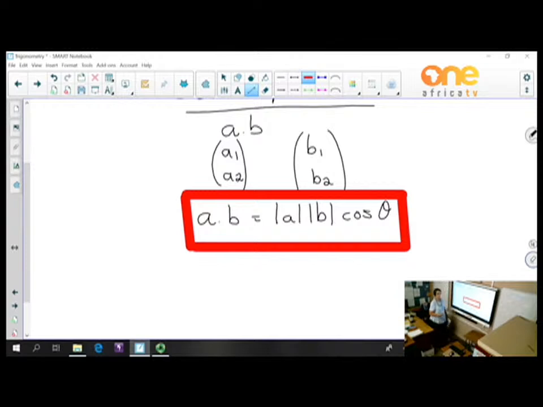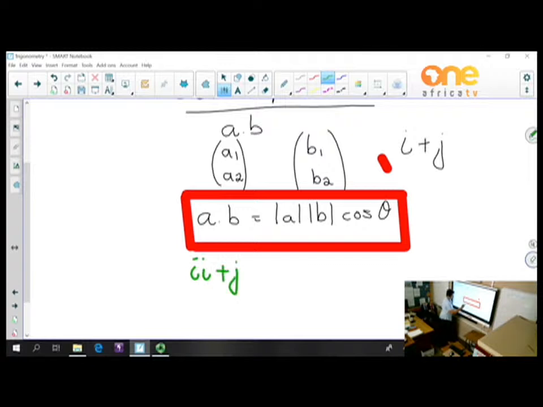But what is the meaning of this now? Now, we can work with the column vectors, or we can work with our base vectors, where we say that this is then I plus J, when we work with those base vectors. And the base vector is then A dot B means II plus JJ plus KK.